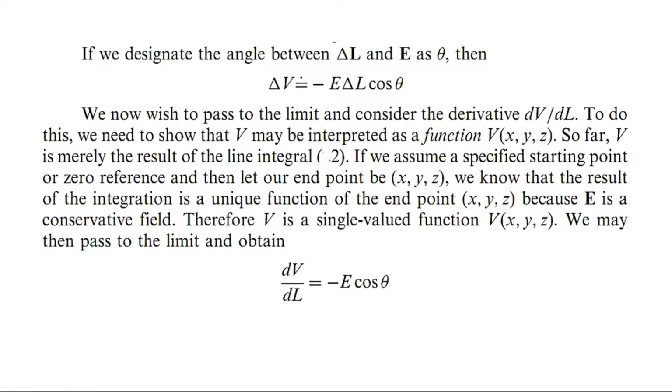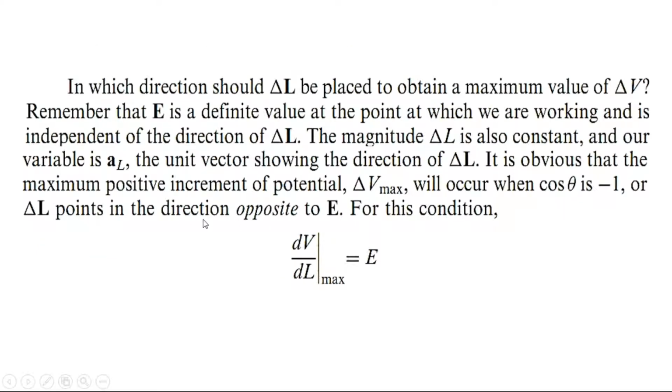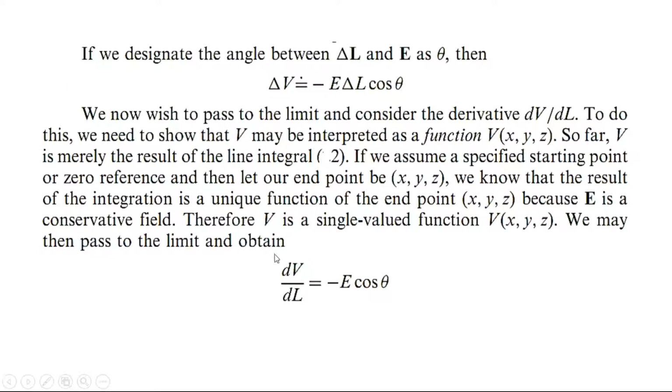Now when will this change be maximum? When will dV by dL be maximum? It will be maximum when cos of theta is equal to minus 1, because when we put cos of theta equal to minus 1 in this equation, we will get dV by dL is equal to E, and that is actually the maximum value.